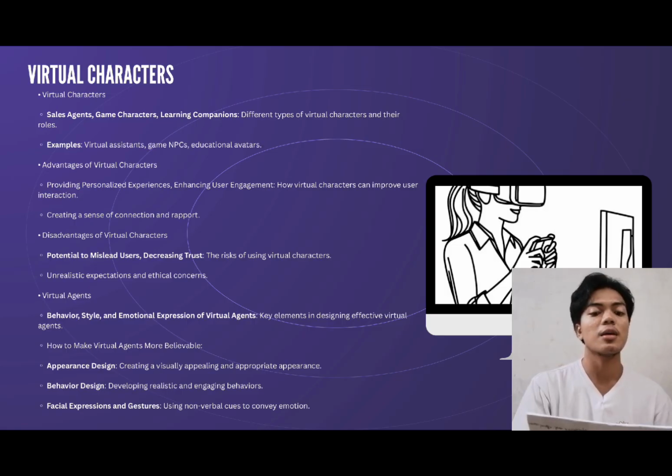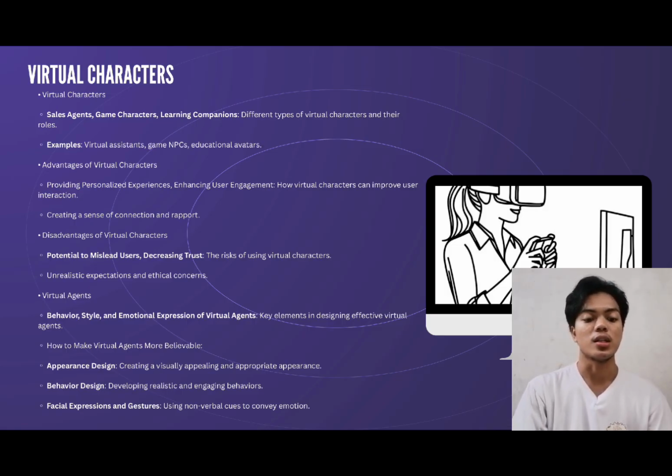These are the key elements in designing effective virtual agents. So how do we make a virtual agent believable? First, you have appearance design. The next one is behavior design, and the last one is facial expressions and gestures.